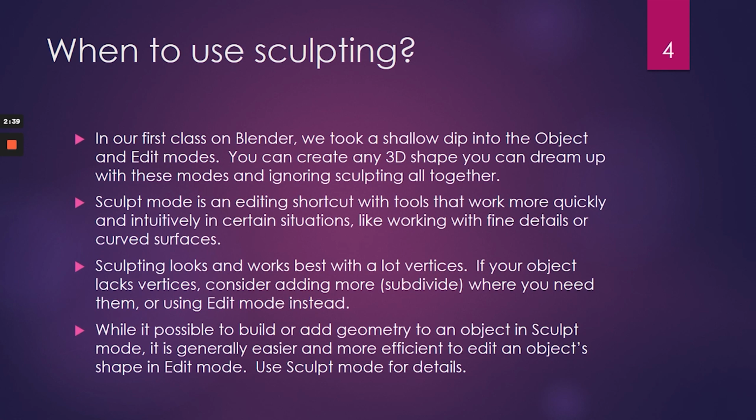Sculpting also works best with a lot of vertices, so if your object is a little bit simple, you're either going to want to add vertices so we can use the tool, or you might be better off with edit mode instead. You can also build things up with sculpt mode, but generally speaking, it's better to work with edit mode to build out your shape and then use sculpt mode for the details.